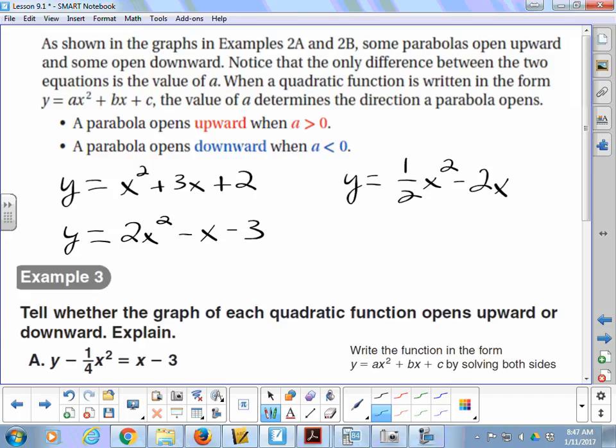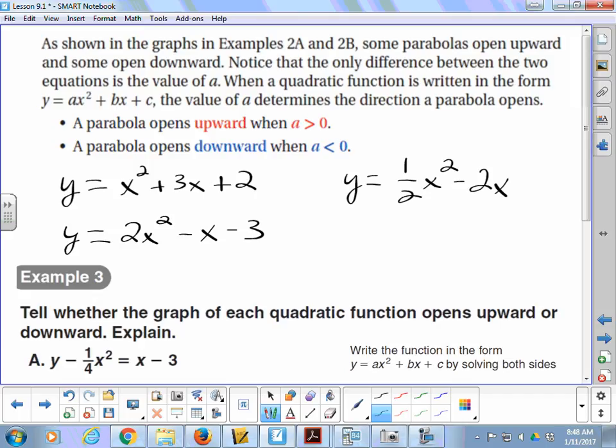What's one characteristic of those three graphs? They all open up, right? Okay. They all open up.